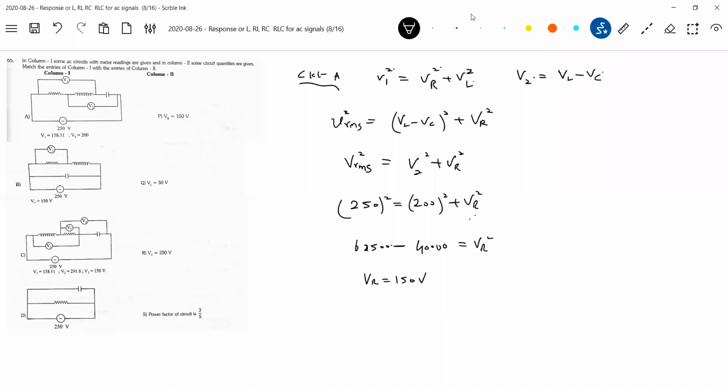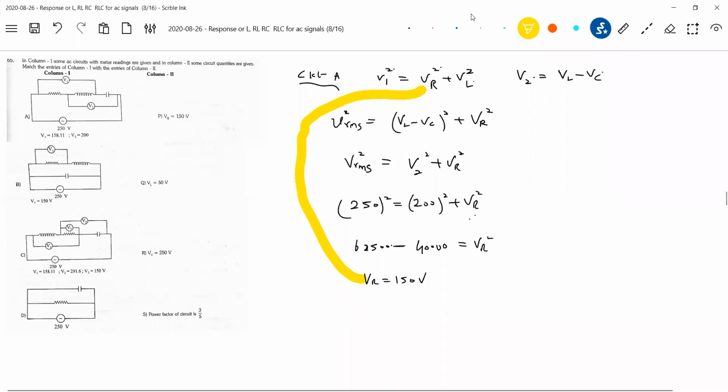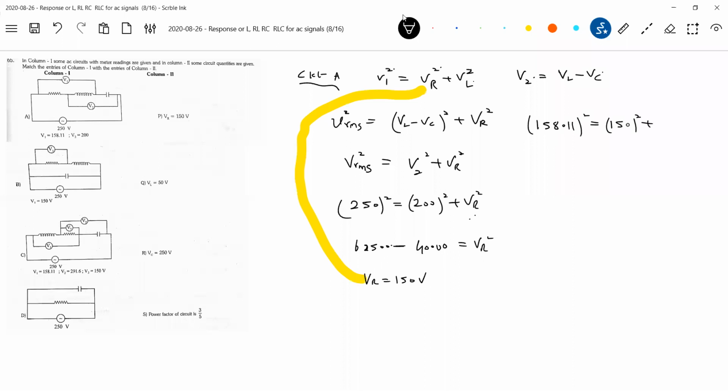If you know VR is 150 volt, substitute in the first equation. V1 square we know: V1 is 158.11 whole square, VR is 150 whole square, plus VL square. We'll get VL. That value of VL substituted, I'll get VC.